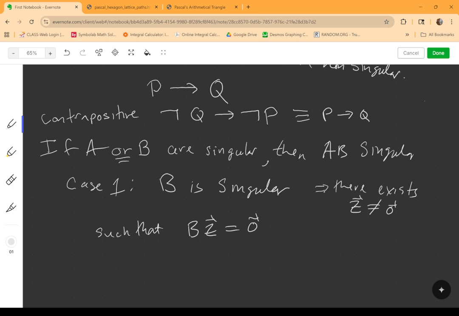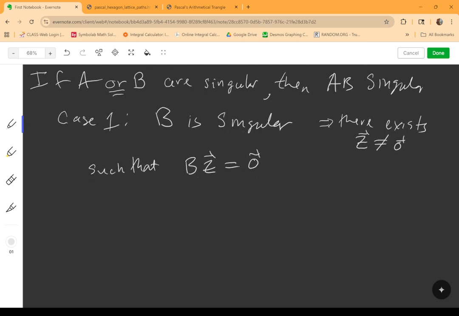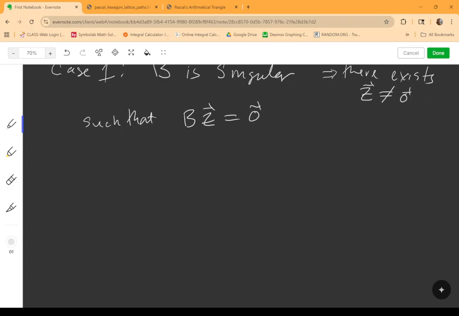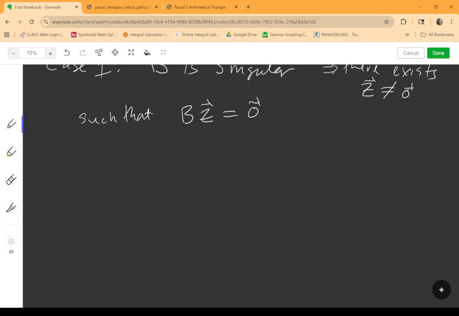Okay, so I'm going to hang on to that. Remember this part as I move forward. Let's say, again, I'm trying to show that AB is singular. So the goal here is AB. I know Z is a non-zero vector.